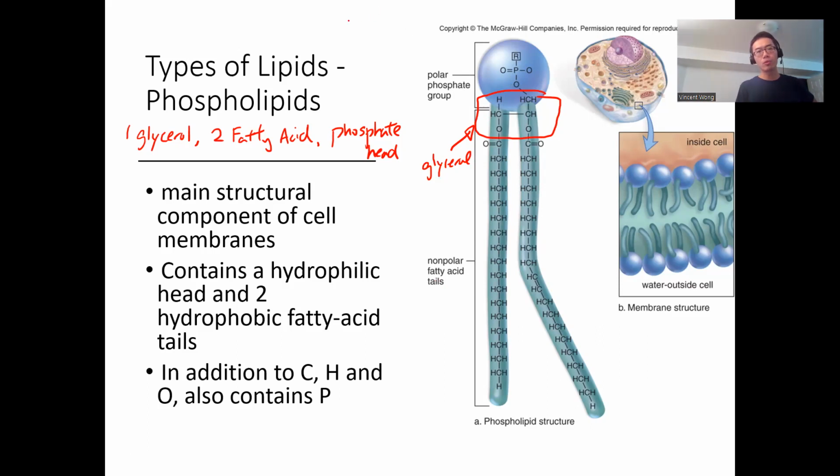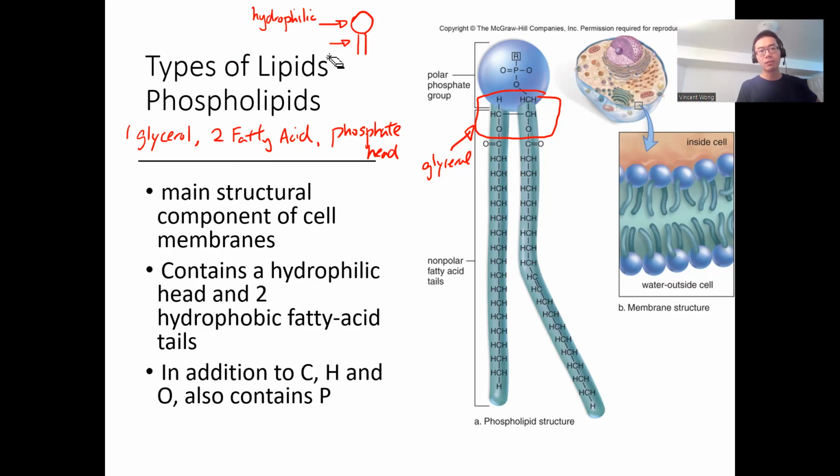So we usually draw a phospholipid like this. The circle part represents the polar head. If you remember what I taught you last class, if something is polar, then it is hydrophilic. Hydrophilic means it loves water.